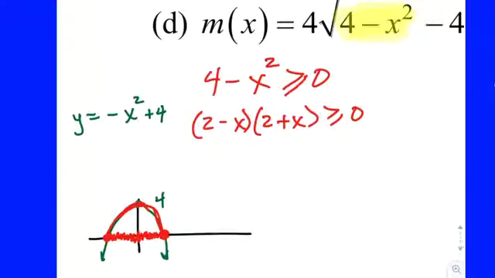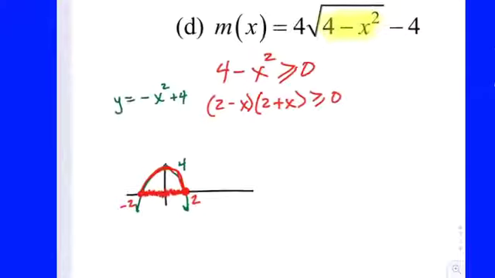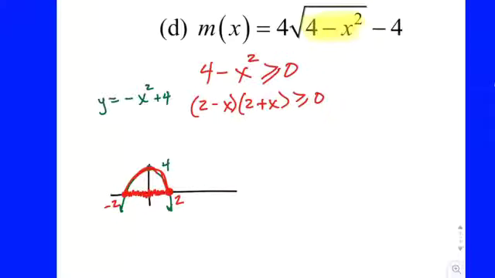And now you could just look at your factors and probably discern what the x-intercepts are, right? What value of x when you plug it into the first one gives you 0? 2, so that's this one. What value of x when you plug it into the second factor gives you 0? Negative 2, okay?